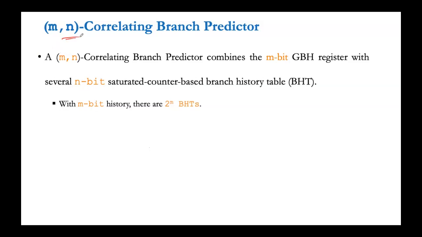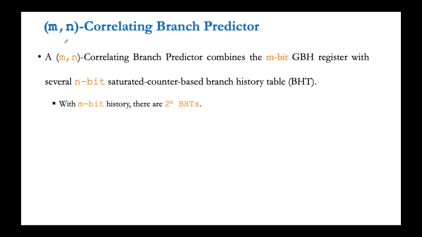The second one is applying 2-bit, 3-bit or 4-bit saturating counters to this, which makes an accurate correlating branch predictor possible.